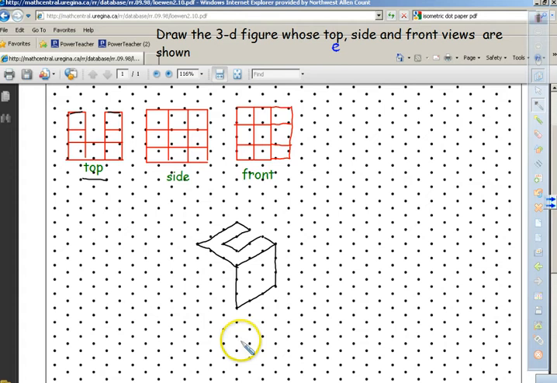Okay, that's that side. And if you want to draw in all those little blocks, because it's like cubes that we're going to be drawing, you can do that as well. These are cubes here. You're just connecting them all at an angle because it's three-dimensional.